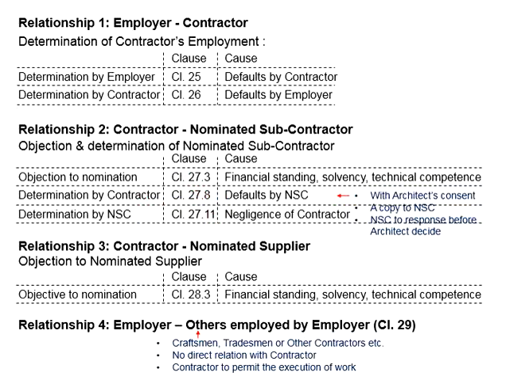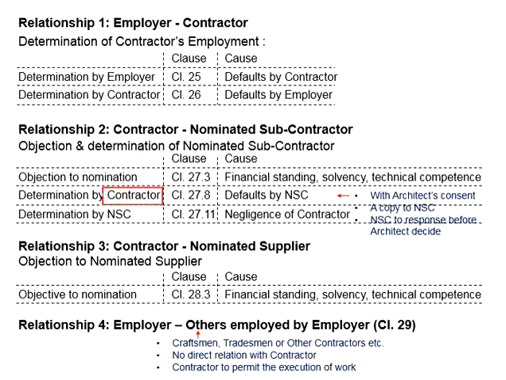What you see here, you have a few ways to remove the nominated subcontractor. One is during the nomination process, where the contractor objects to the engagement of this nominated subcontractor. Another one is when the nominated subcontractor has already been engaged with the project. Now this nominated subcontractor is in default.